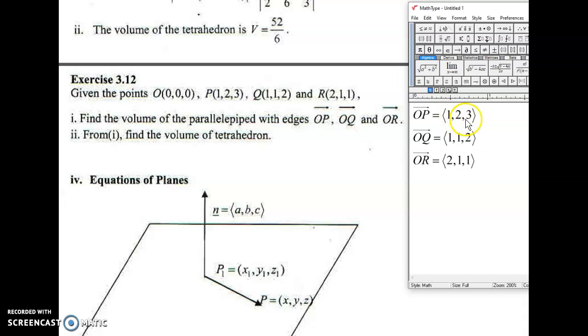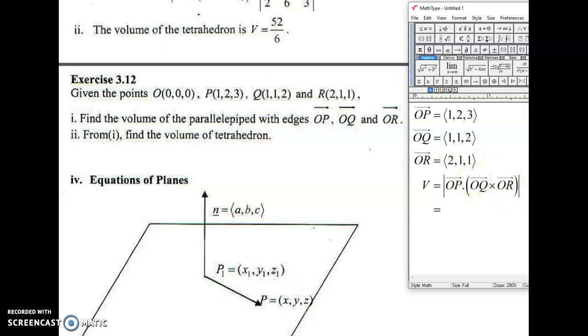They will have the same values as each point here, with just a different bracket, so that we know this is a vector, not a point. Now that we have this, we can proceed by using the formula of volume, which is this.